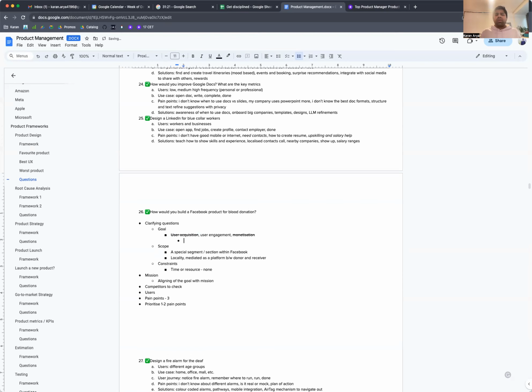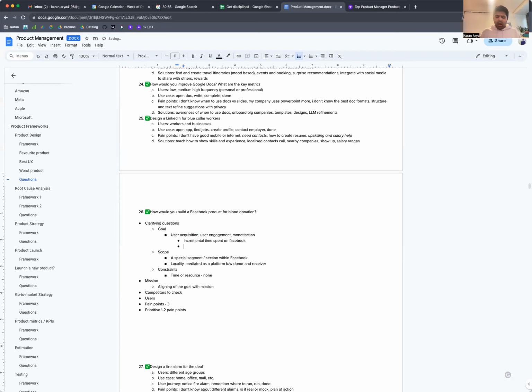And when we try to define user engagement, we can talk about a very specific definition within user engagement. And let me think out loud. One could be time spent on Facebook, and it could be more on the lines of incremental time spent on Facebook. The others could be, what other types of engagements can I foresee from a user perspective?